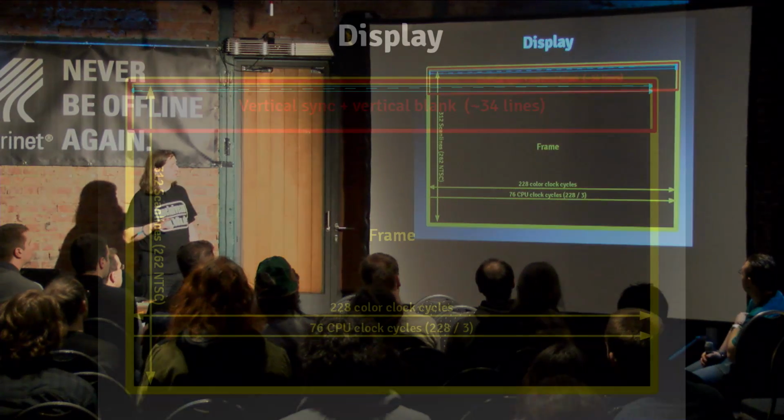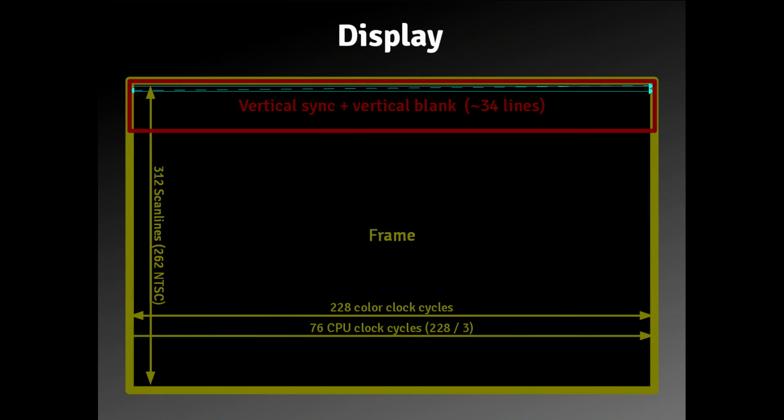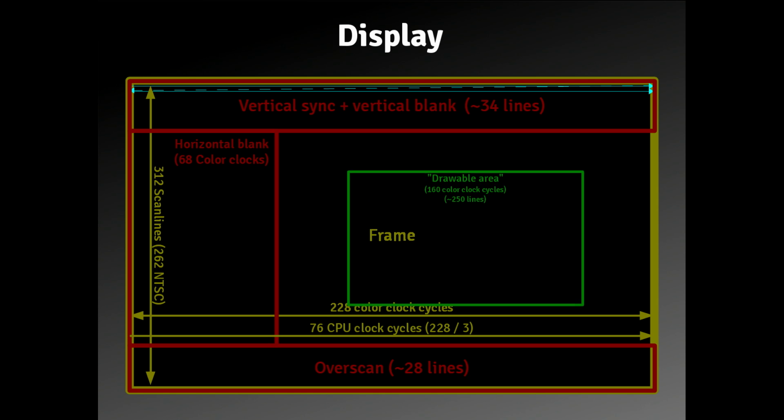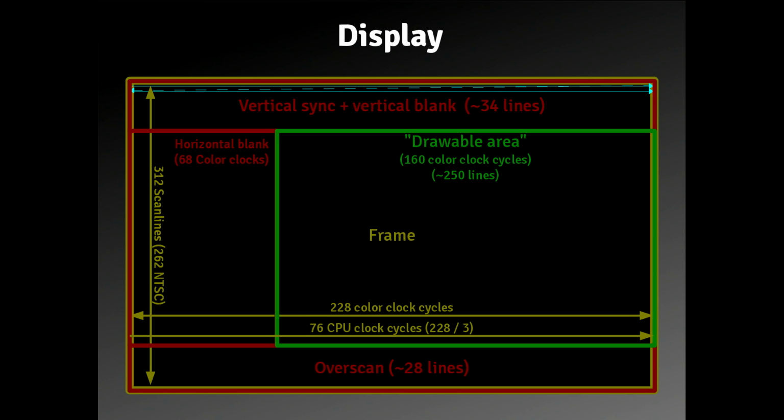These are the rough figures for what the demo uses. This is the area of the television that's usually not seen, the overscan area at the bottom as well. And on the left side, we also have some horizontal blank, where no data can be displayed either. That leaves me with a drawable area of 160 color clocks. So this would be the maximum resolution on the X. And on the Y, we've got about 250 lines.